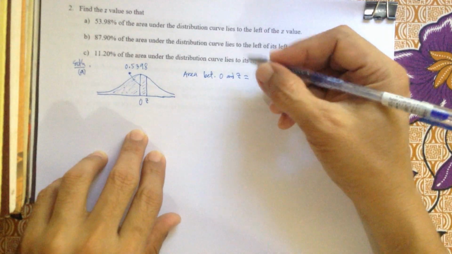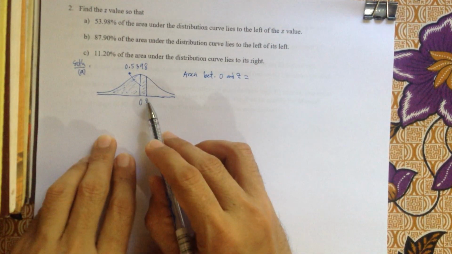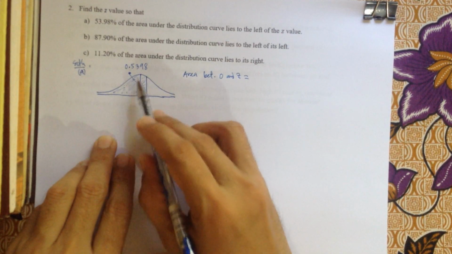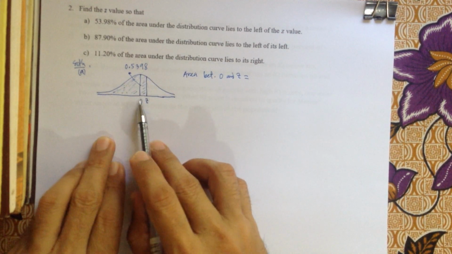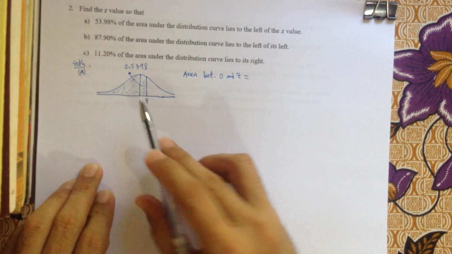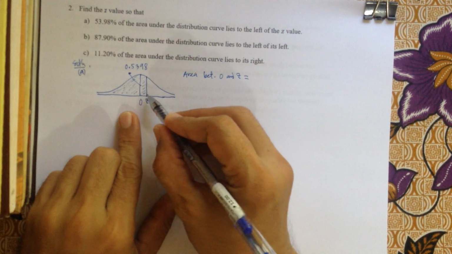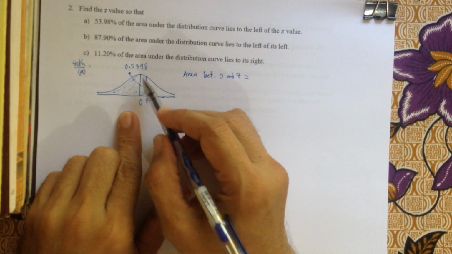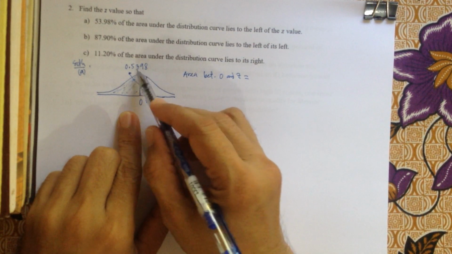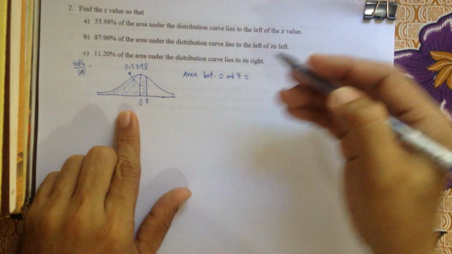But how do we find the area between 0 and z? If the area to the left of z is 0.5398, we know that the area to the left of 0, half of the normal curve, is actually 0.5, right? So to find the area between 0 and z, we only need to subtract from this area the area of half of the normal curve, which is 0.5.